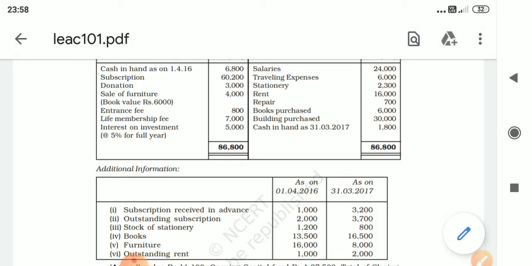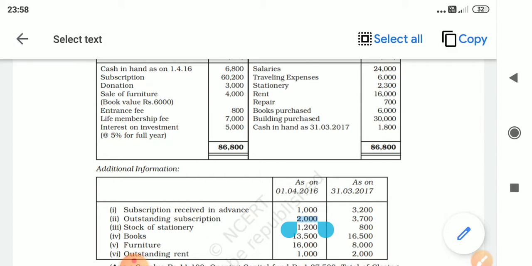So minus previous year's outstanding subscription and plus current year's outstanding subscription, because as per accrual system, even though we have not received, it is current year's income. So I repeat: plus 1,000, minus 3,200, minus 2,000, plus 3,700. The final amount will appear in the outer column of income side of income and expenditure account.